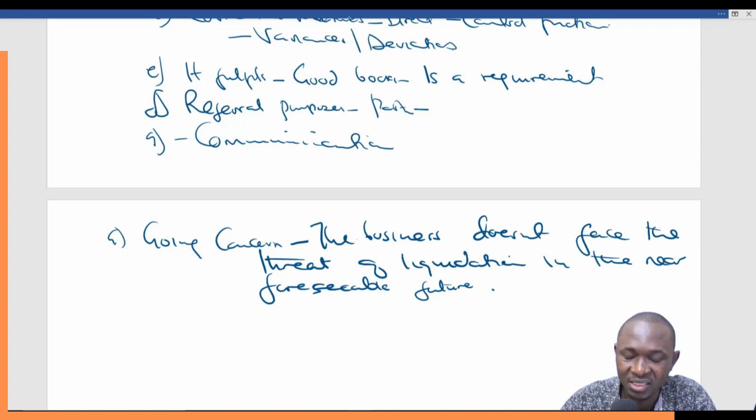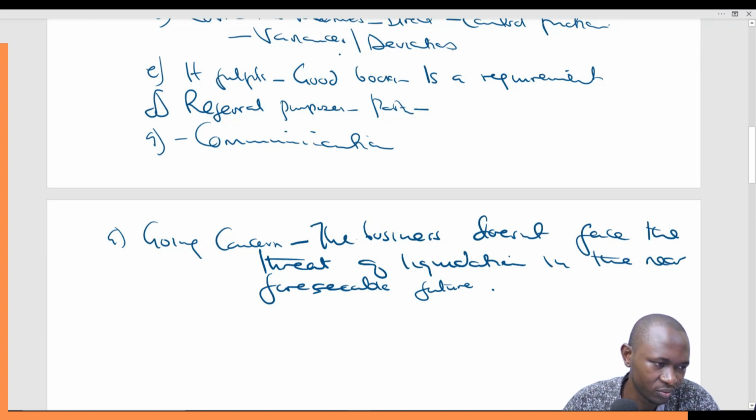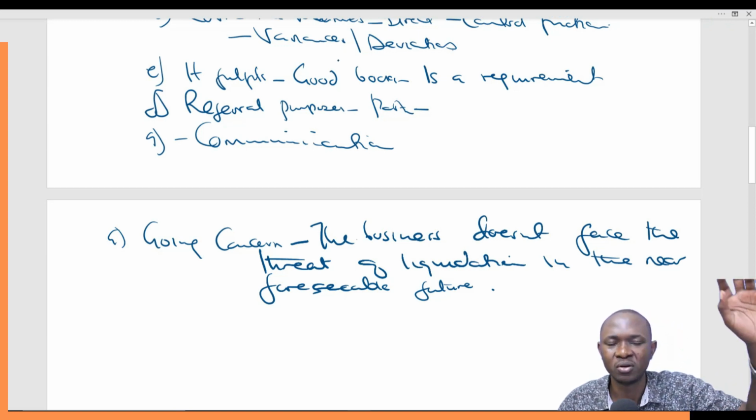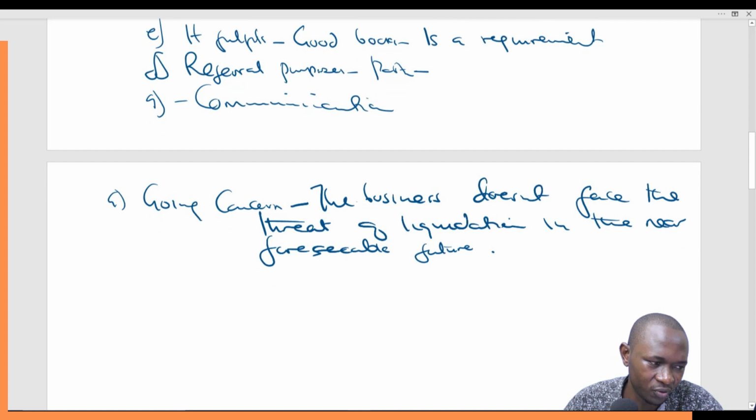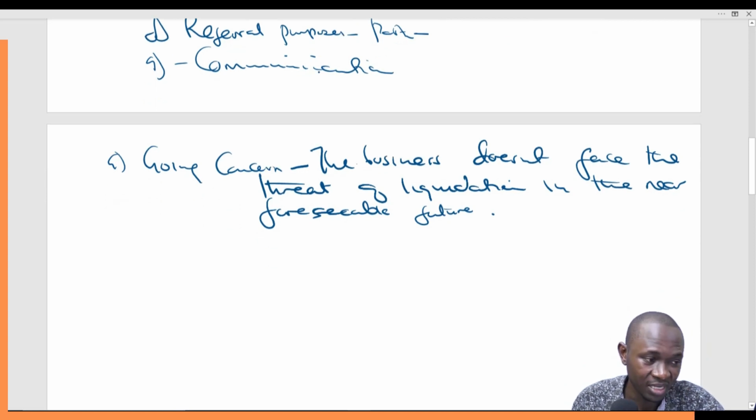It's not able to meet its current maturing obligations as and when they arise. So if that is the situation, then you say the business is a going concern. It will be there in the next future period of time, and we don't foresee a situation that will possibly lead to its coming down or being wound up.